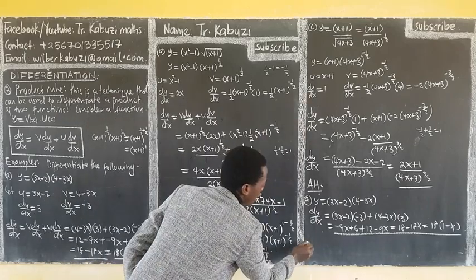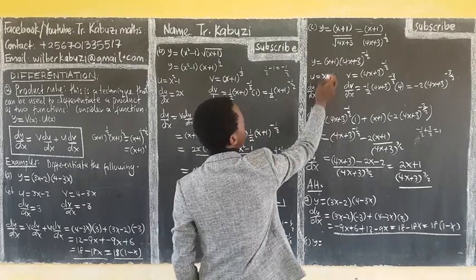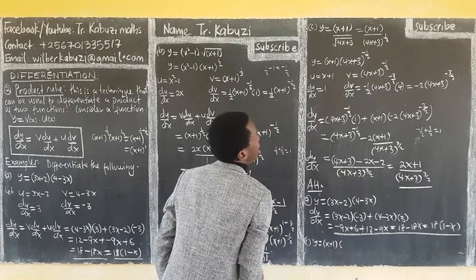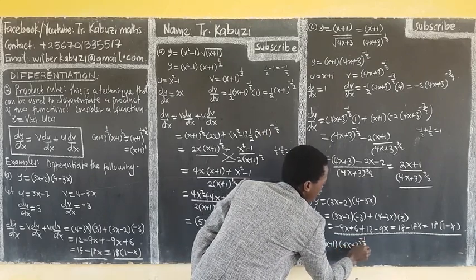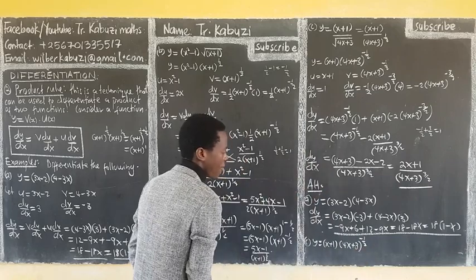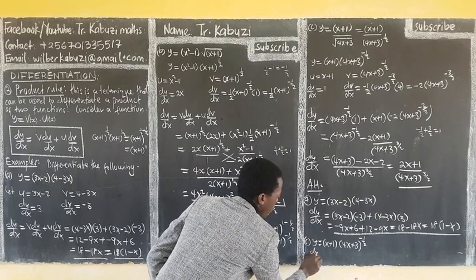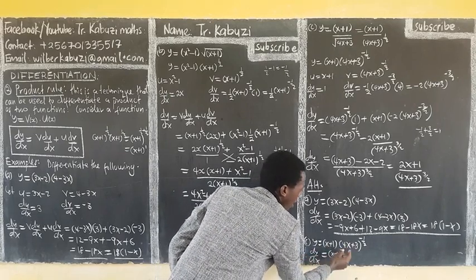So my C is that my y was from this step (x + 1) and then (4x + 3) to the power negative half. So that's our y, x, and c. So our dy/dx will be, fix this, differentiate this.